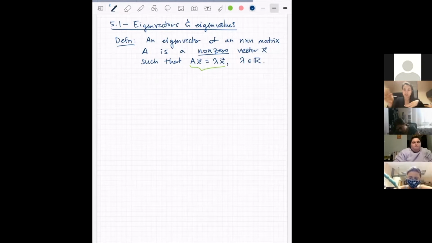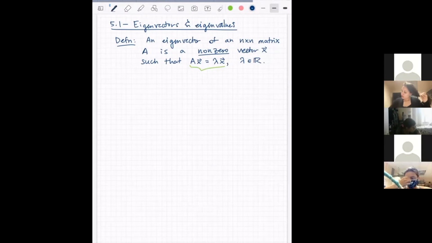And this doesn't happen in every direction. It's for particular directions. And we can only have so many of these special directions for one n by n matrix. So multiplying the vector by that matrix is just the same thing as scaling that vector by some scalar? Yes, exactly. That's an eigenvector.